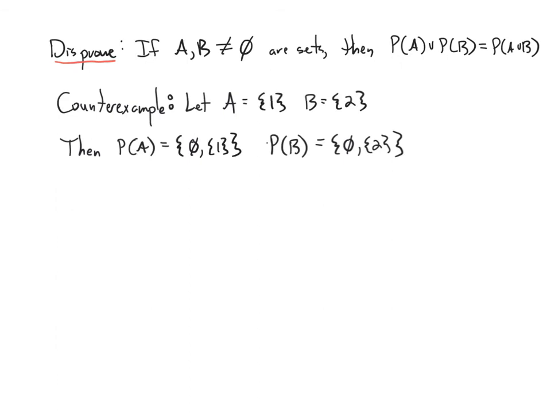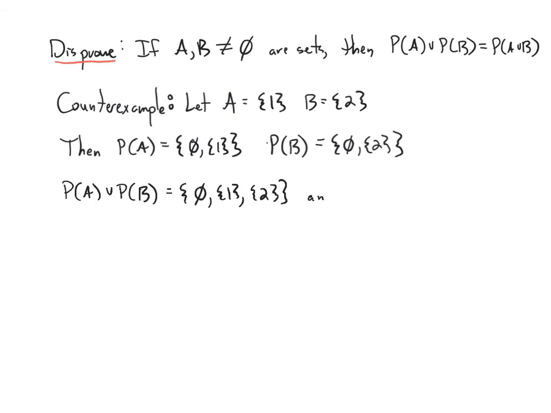So the power set of A union the power set of B. Well, what's in this? We have the empty set, we have the set containing 1, and we have the set containing 2. And the most important thing here, in some sense, is that we know there are 3 elements.